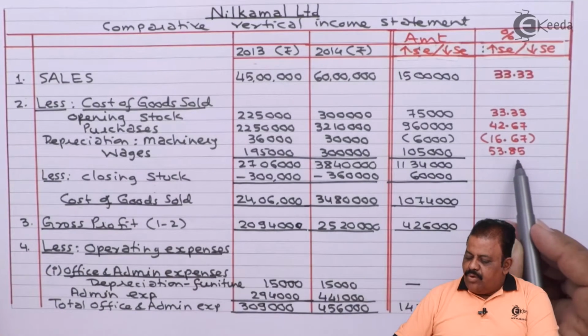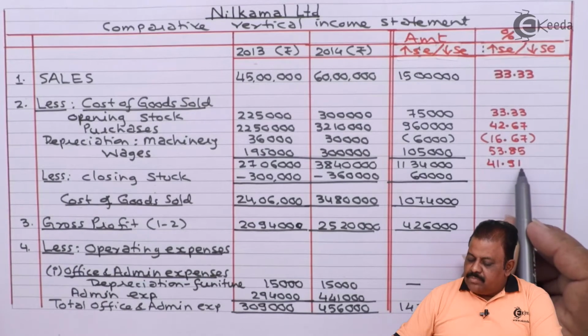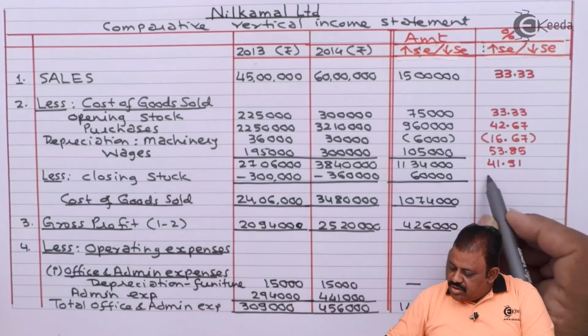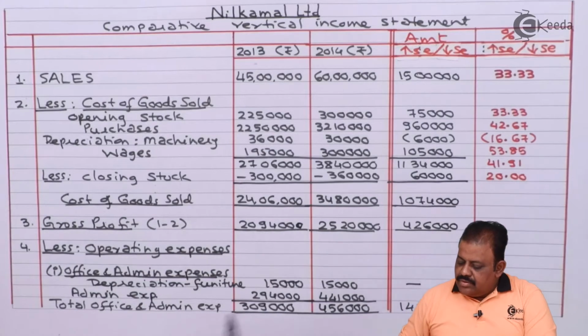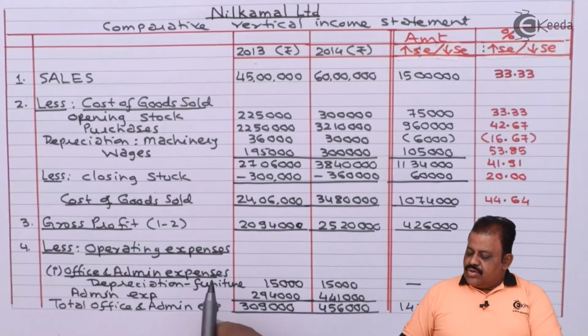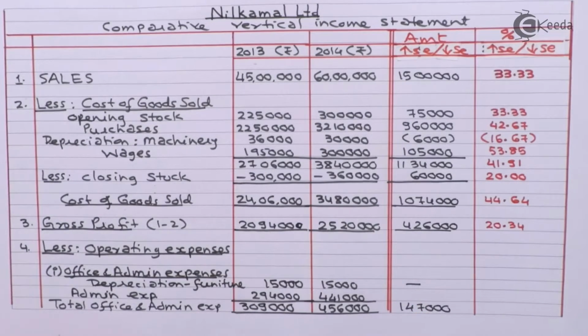Wages 53.85%. 41.91%. Closing stock 20%, cost of goods sold 44.64%, gross profit 20.34%.